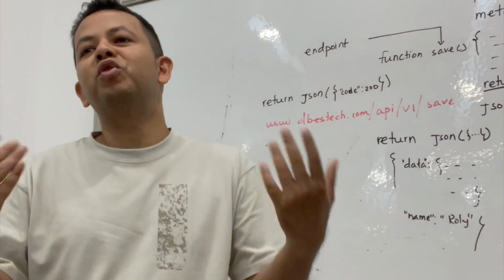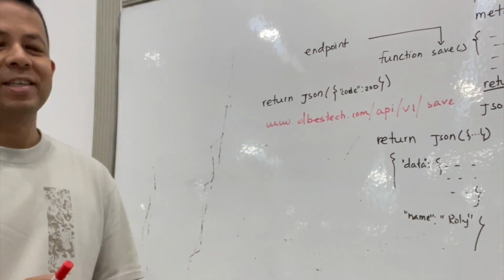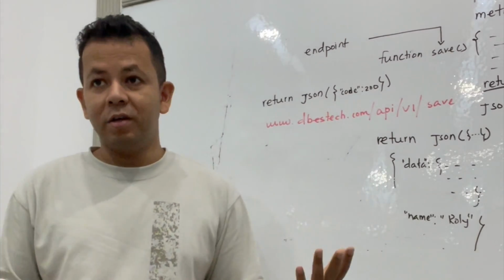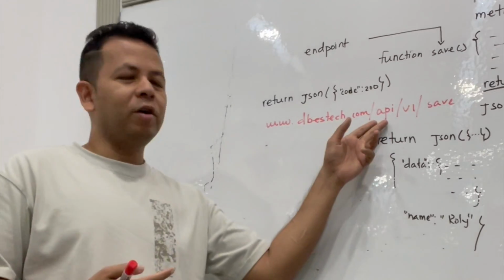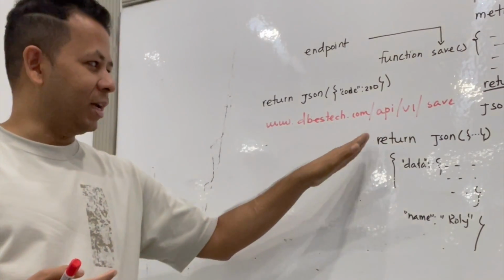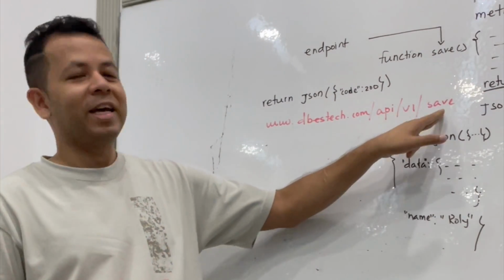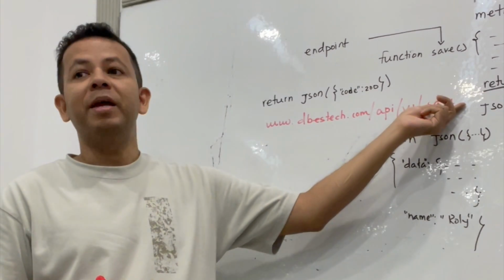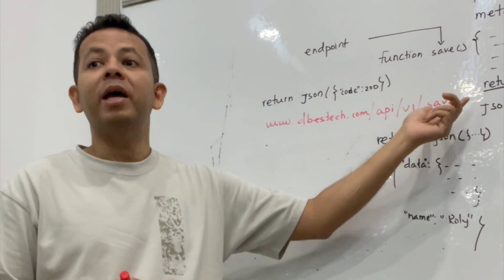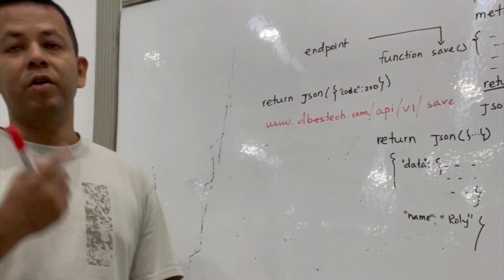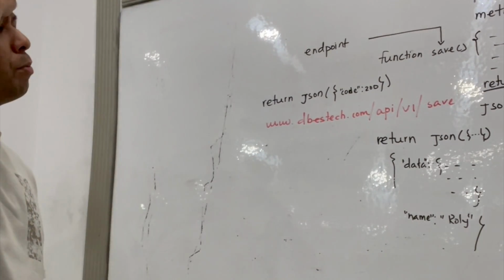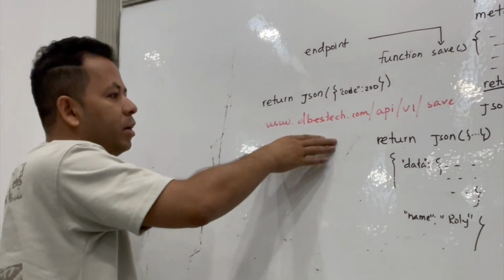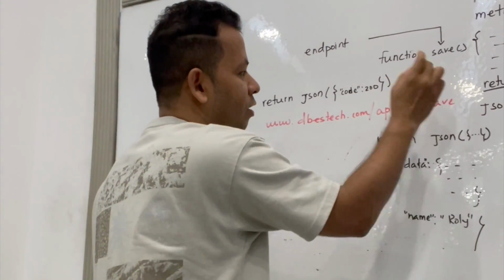Convention is a general rule. Even if you don't write it, it should work. It's a design thing. People always write /API, /v1, and /your endpoint name. It could be anything. You got it? So when you talk about an endpoint, of course it will have the domain and eventually the name itself.